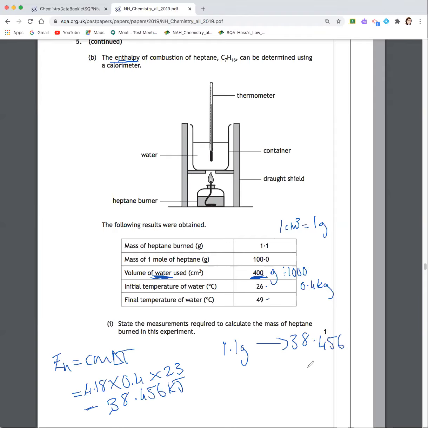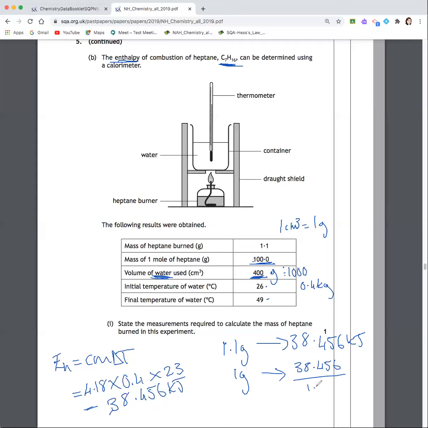We want to know how much we would get if we had 100 grams, because that's what 1 mole of heptane is. And it doesn't give you the gram formula mass of heptane, you just work it out from the molecular formula up here.